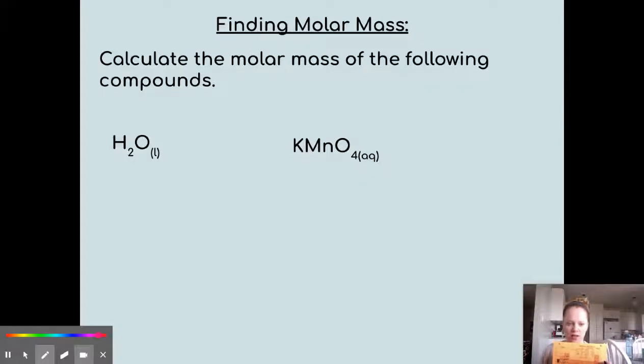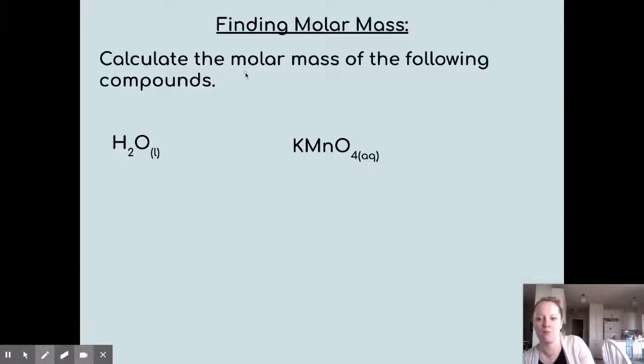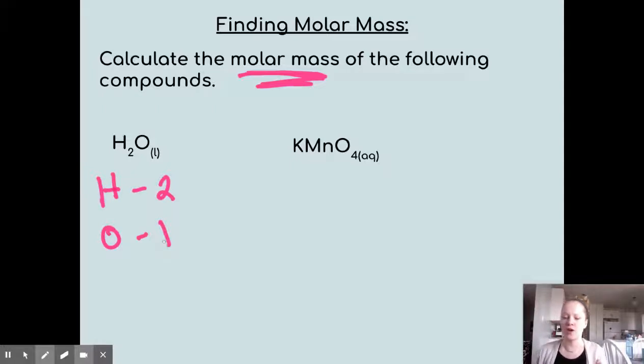So what does this look like? What did I just say? If I was to look at water, and I wanted to find my molar mass, this is what I will ask of you. I would identify how many there are of each element in the compound. So there's 2 hydrogens, there's 1 oxygen. Then I'm going to find my atomic mass on my periodic table, and hydrogen is 1.01, and oxygen is 16.00.